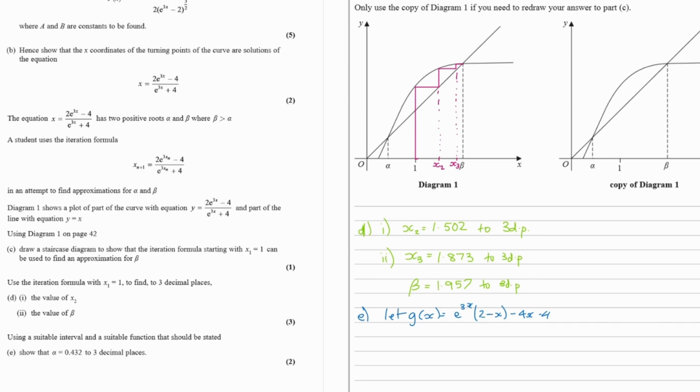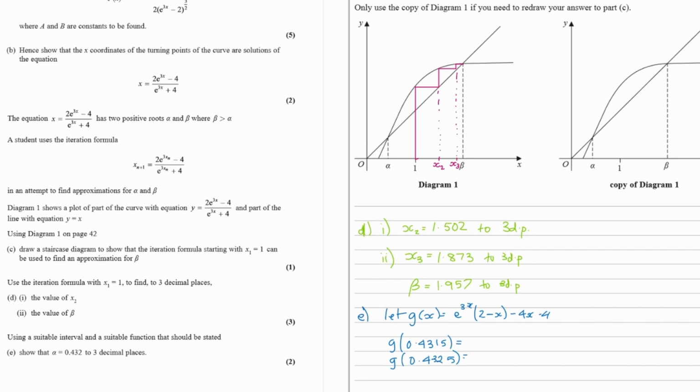And the suitable intervals that we can use are the lower bounds and the upper bounds of 0.432. So we can substitute the lower bound and upper bound for x. So our lower bound will be 0.4315. So we're going to substitute that into our function. And our upper bound is going to be 0.4325.